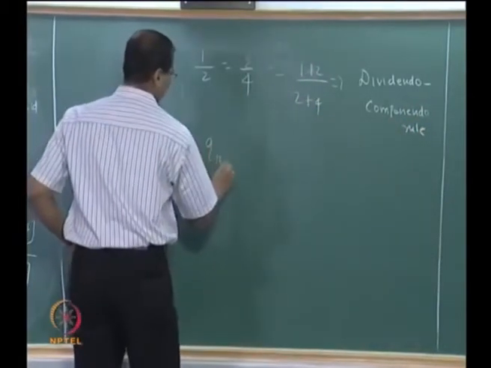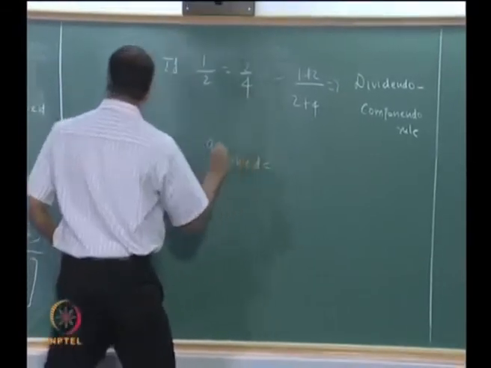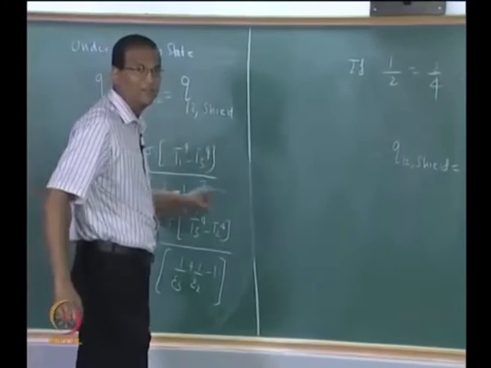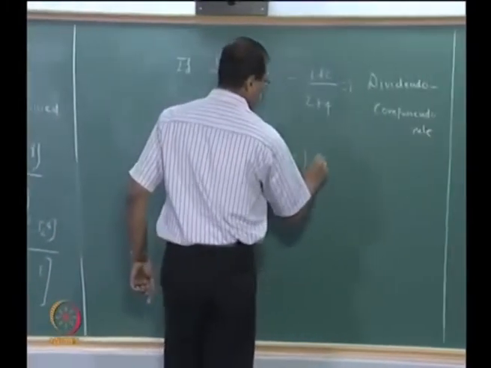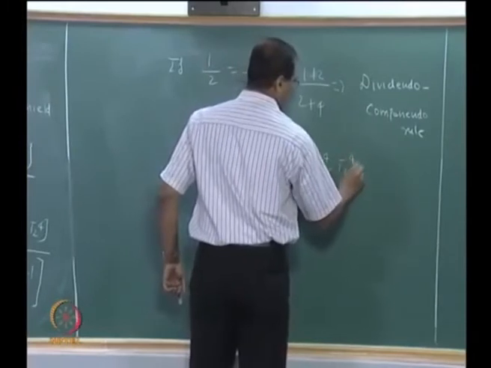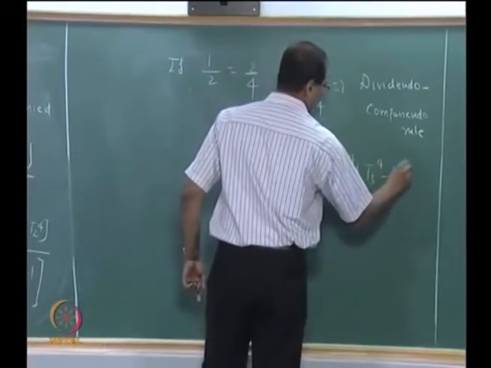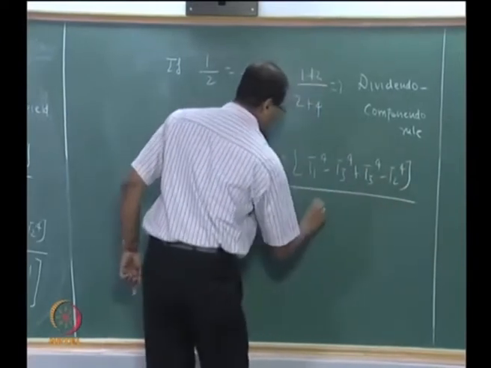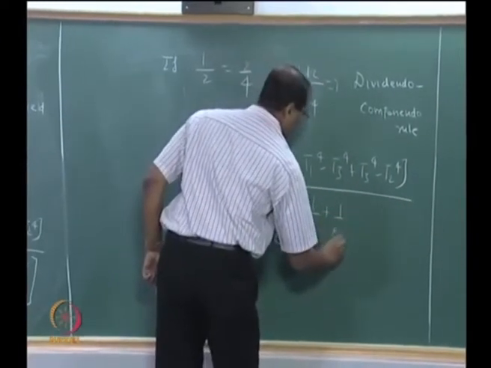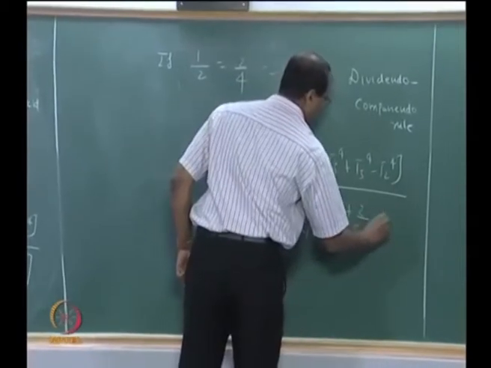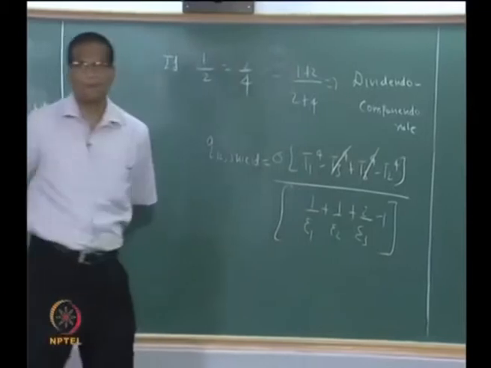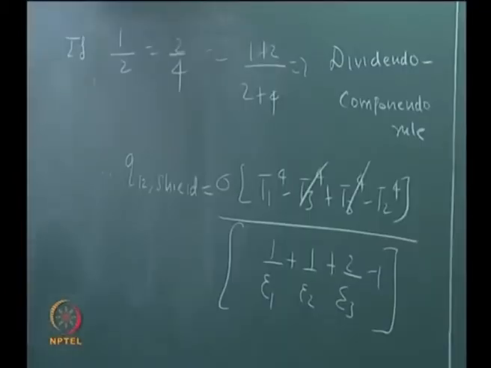Therefore, it is also equal to the sum of the numerator and denominator separately, correct? Yeah, you can get the same result with a lot of labor if you were not to use the dividend component rule. Still it is possible. You can substitute for T3 from here, you will cross multiply, you can do all that.